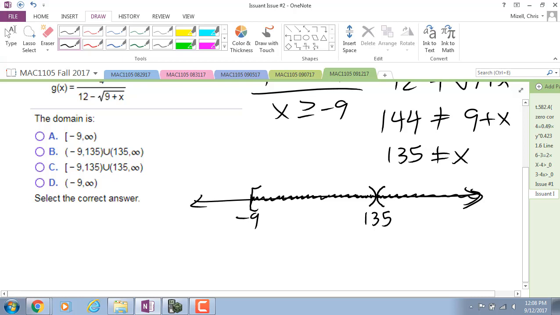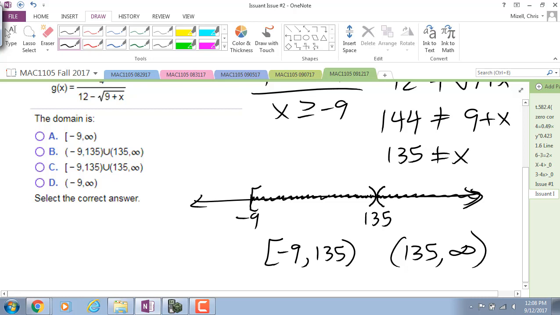So if we want to write this, it's two non-overlapping intervals, and we have to include both of them. We have to include the half-open interval from negative 9 to 135 and the interval from 135 out to positive infinity.